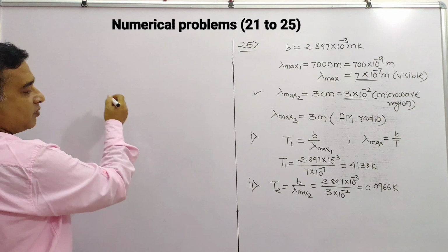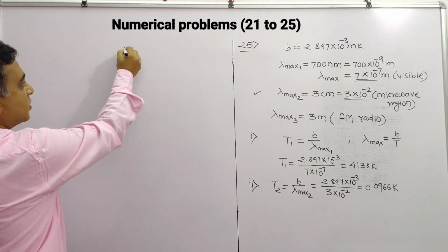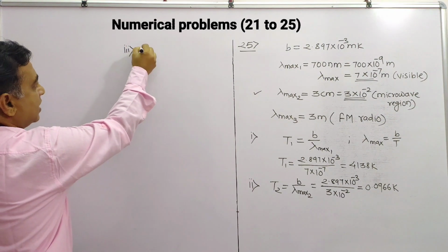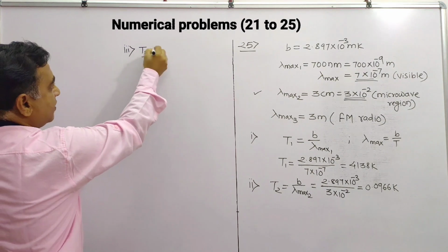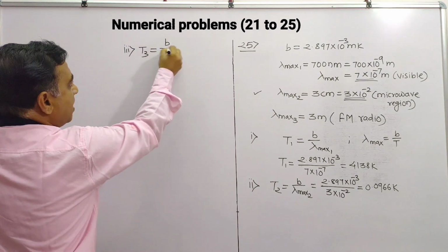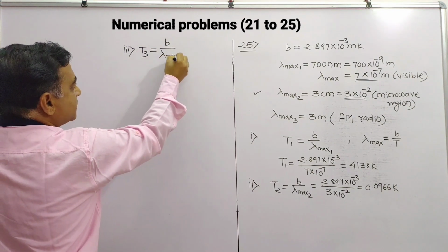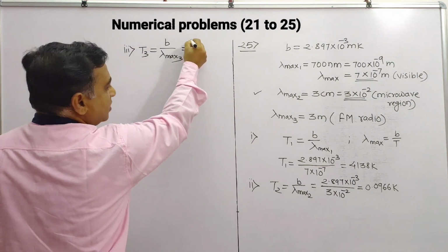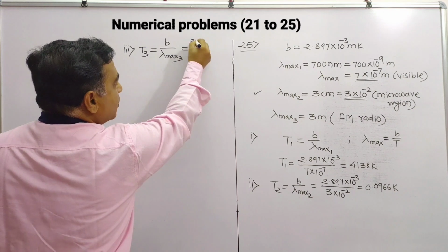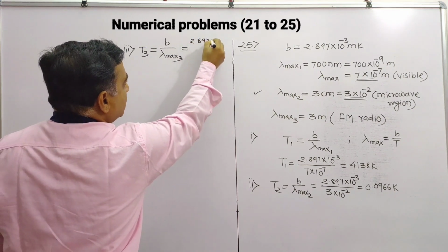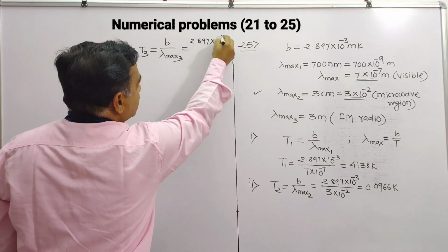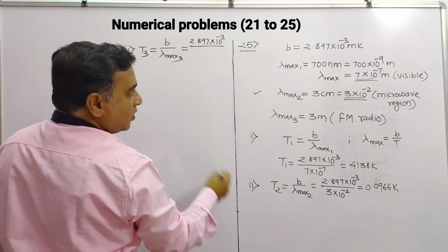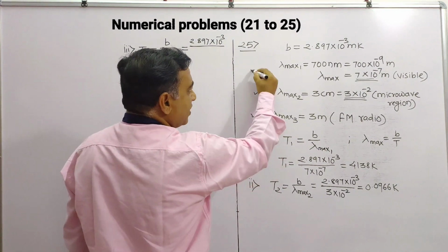Later, the third one, I substitute to get T3 for the FM region, B upon lambda max 3. That is 2.897 into 10 raised to power minus 3 upon 3 meter. Already we have taken this.